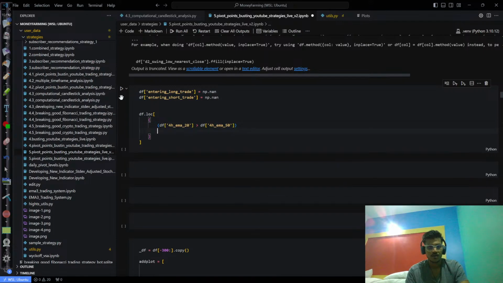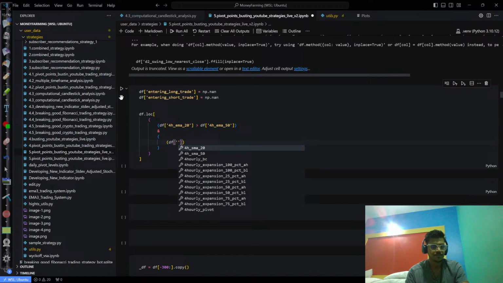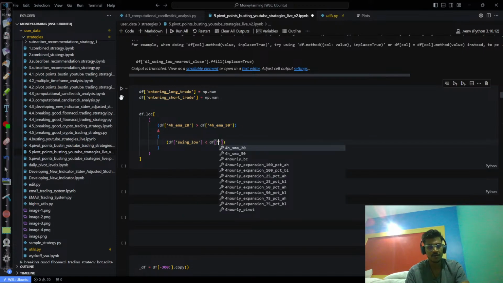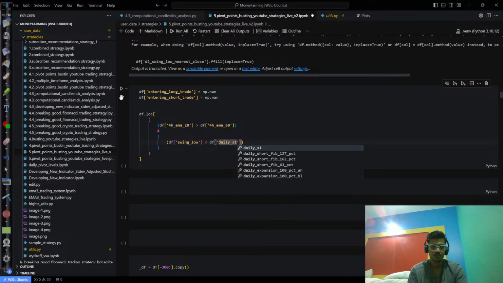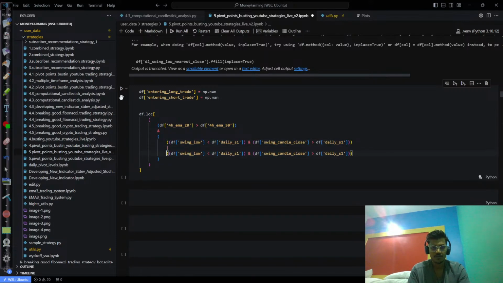And the second condition is that my wave should complete there. First of all, my swing low on 15 minutes should be less than daily S1, and the swing candle close should be greater than daily S1. And then I want the same thing for S2 too. So I'm just going to copy it, paste it there, change it to S2, and let's see how many trade setups we got.